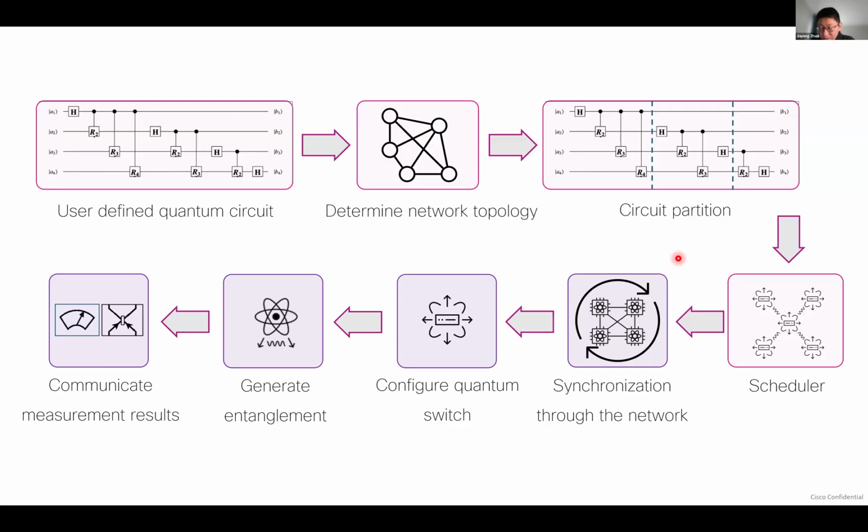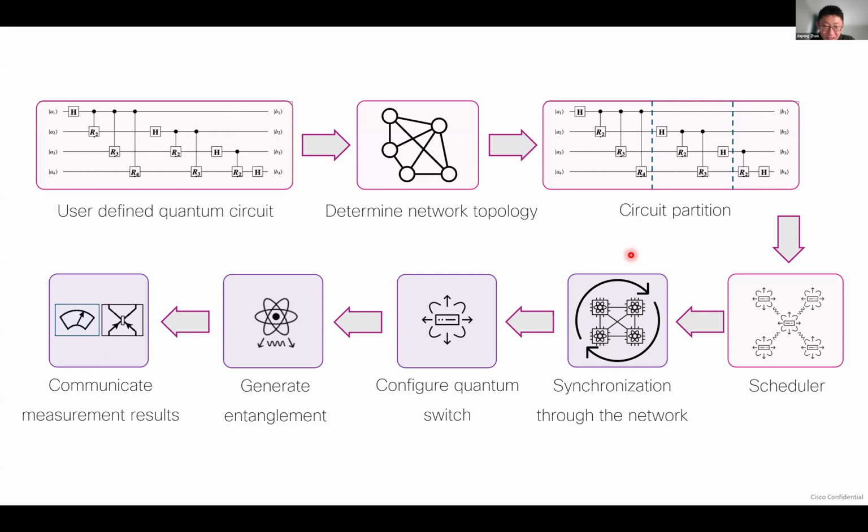After the Q-Orchestra, we start our hardware layer with synchronization through the entire network. It includes the synchronization between all the QPUs and switches involved in the execution of this quantum circuit. After that, we reconfigure the quantum switch based on the synchronization and the circuit partition.